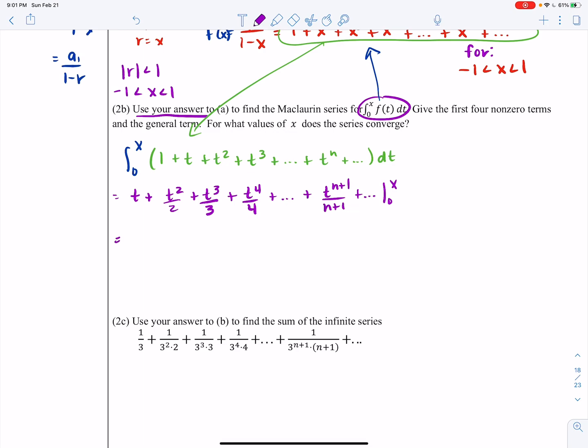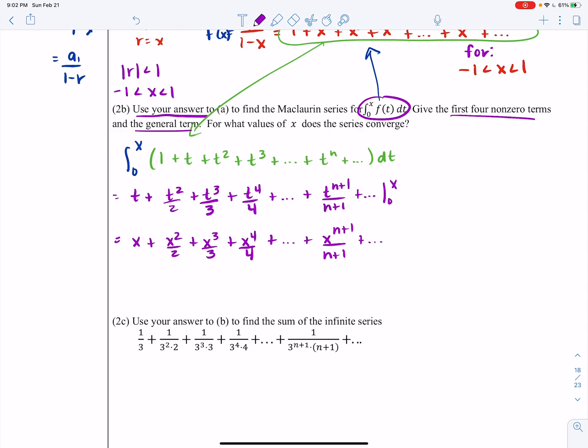So let's go x, x squared over 2, x cubed over 3, x to the 4th over 4. It does ask for the first 4 non-zero terms. Check 1, 2, 3, 4, and the general term. So x to the n plus 1 over n plus 1.